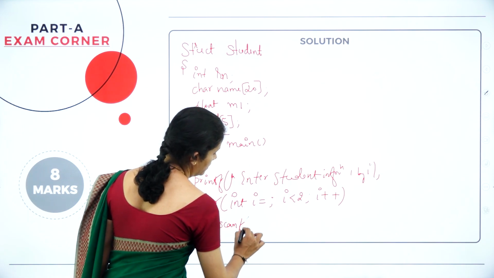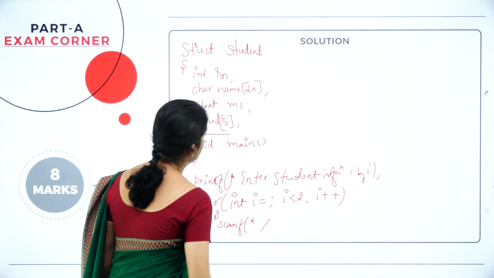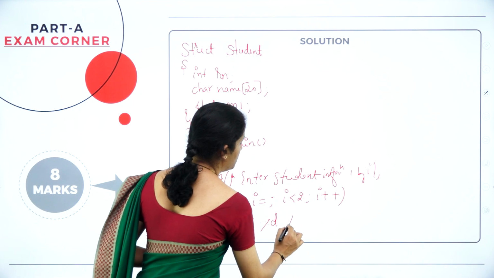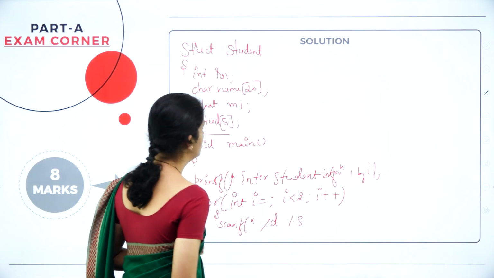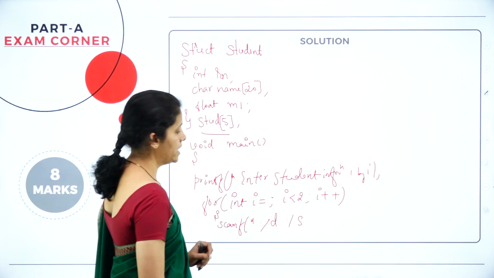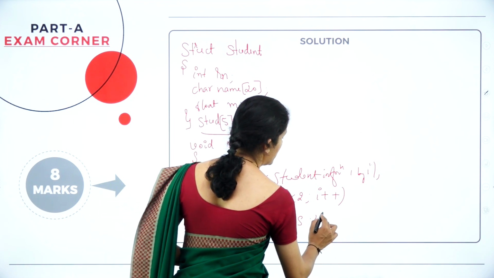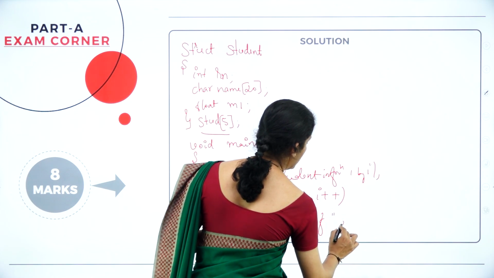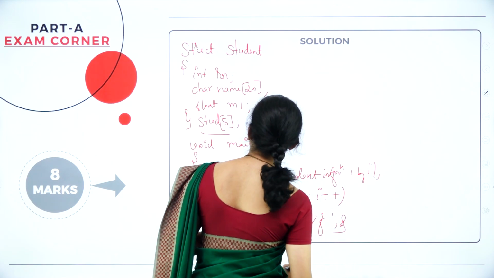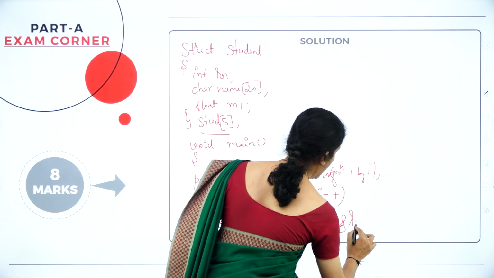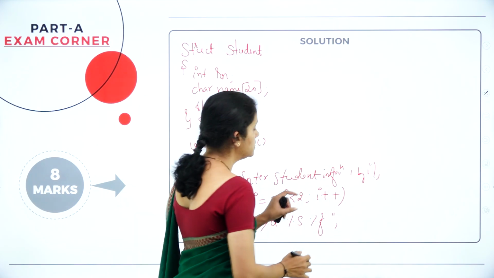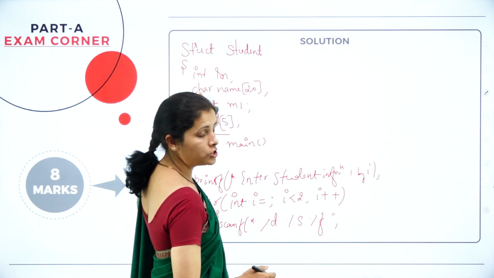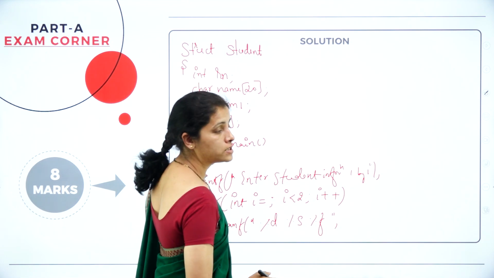Then scanf. See here, percentage d is for roll number, percentage s is for name, percentage f is for mark. Then comma, ampersand stud[i].rn. Now I want to access the members of the structure with the help of the structure variable.